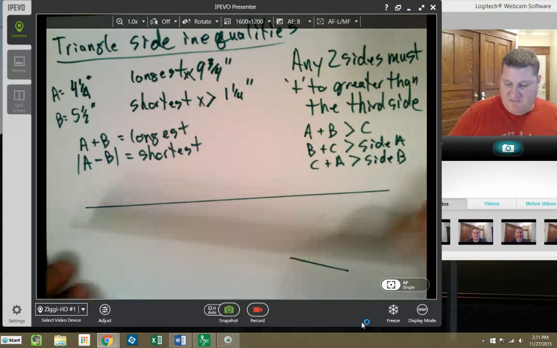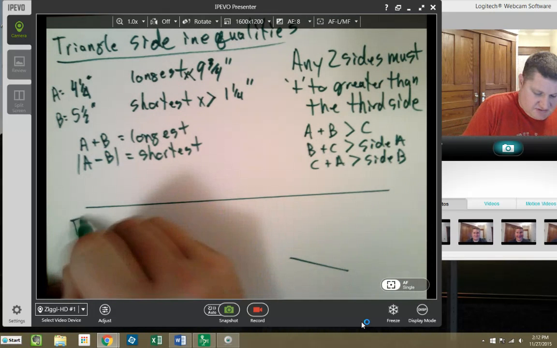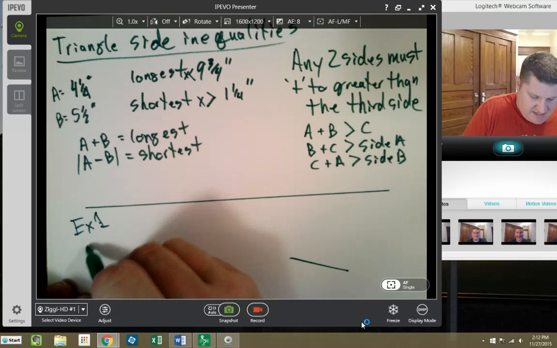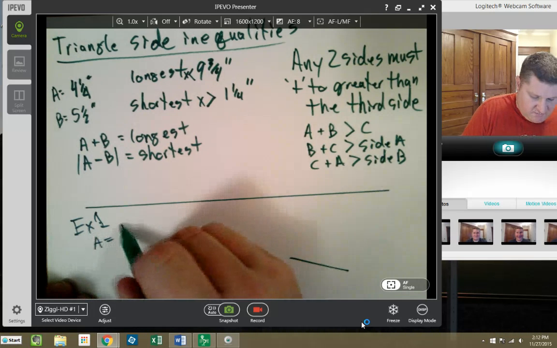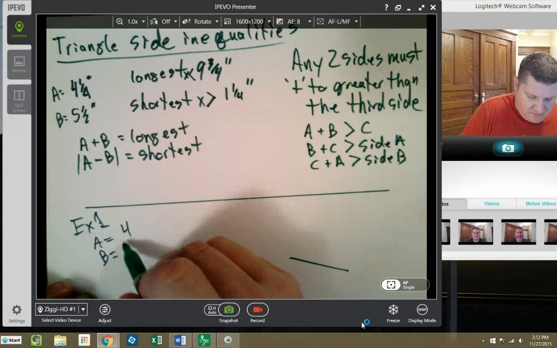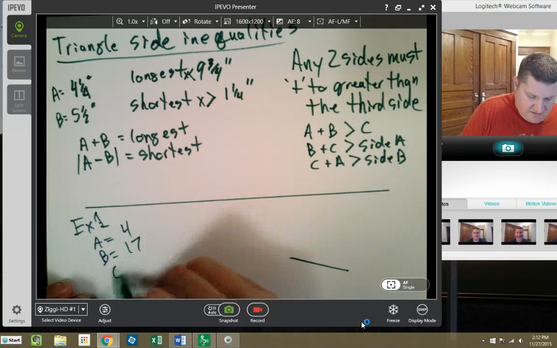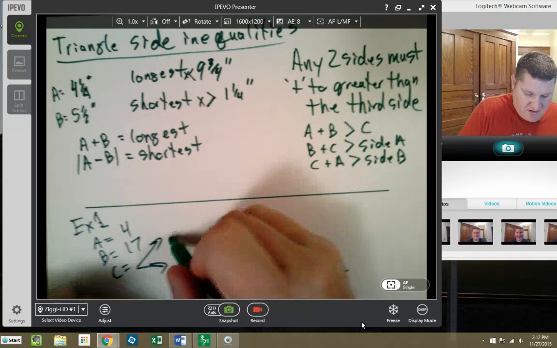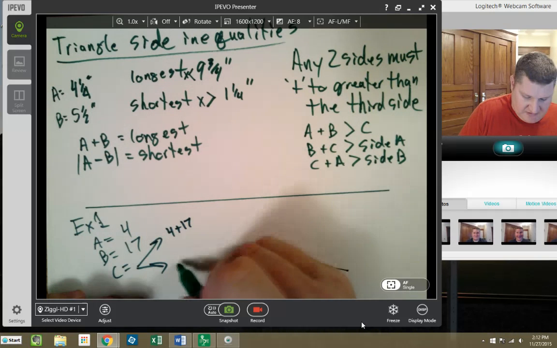So if I give you some sides, so for example, side A equals 4 and side B equals 17, side C could be somewhere between 4 plus 17 and 4 minus 17 absolute value.